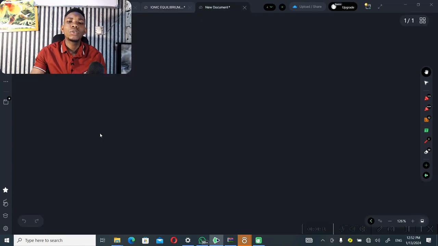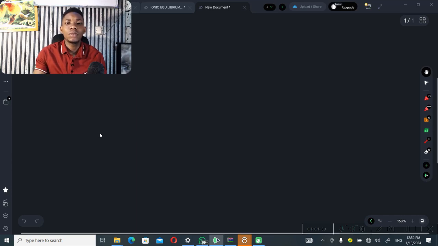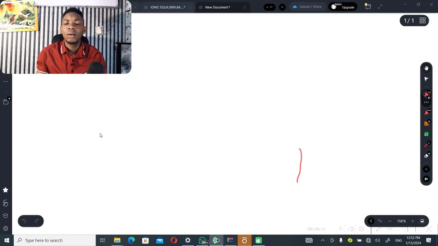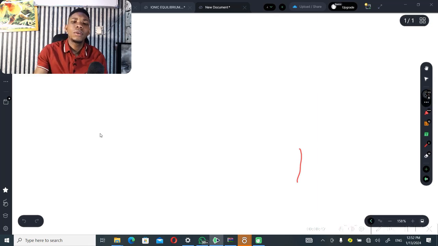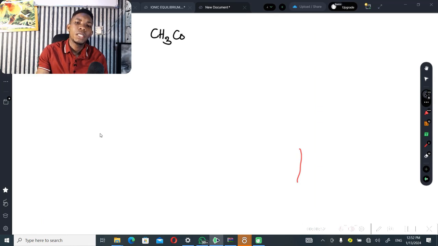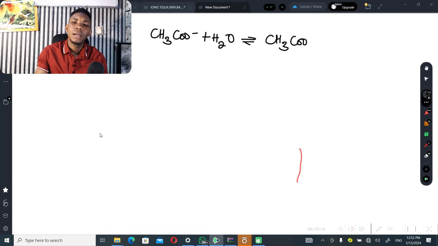Now, what is the reaction of sodium ethanoate? According to what you know, sodium ethanoate is supposed to be white. Now, sodium ethanoate, according to what I told you, will react with water in a reversible reaction. This water will donate a proton here, so that it will now give us ethanoic acid plus hydroxide ion.